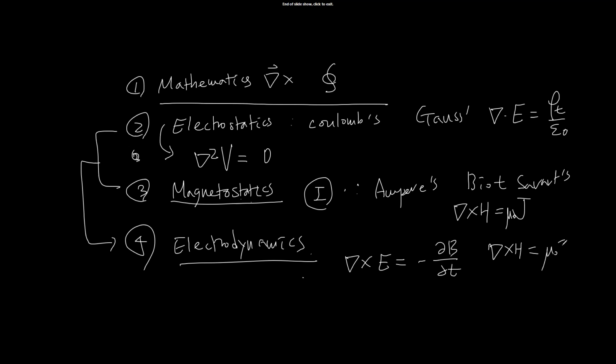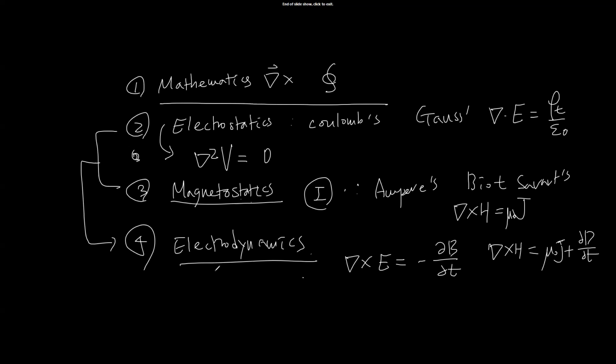It's not simply a mu zero J, but you also need a dD/dt term. The signs can be wrong here. I'm just talking about the essence; there can be some signs or coefficients I missed. But anyway, this is how it went.